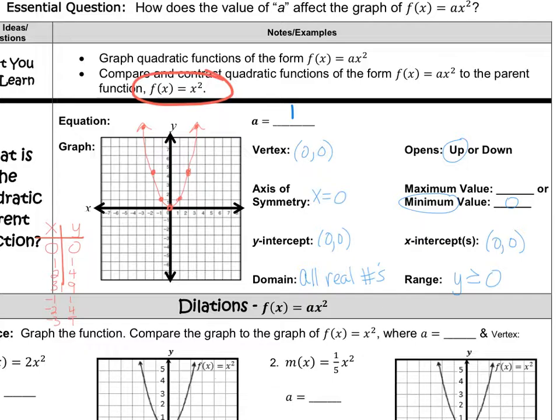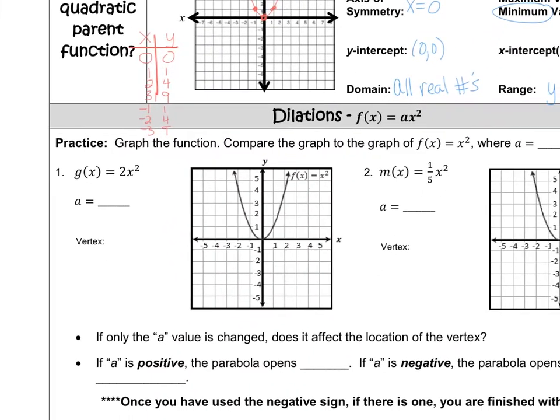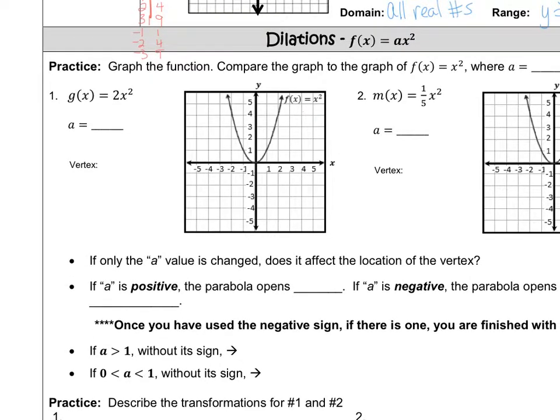Now we're going to start looking at what happens when we make changes to our a value. So let's look at number 1. In number 1, I got g of x equals 2x squared. My a value is a 2. And we've got to make a quick little table so that we can graph our function 2x squared.